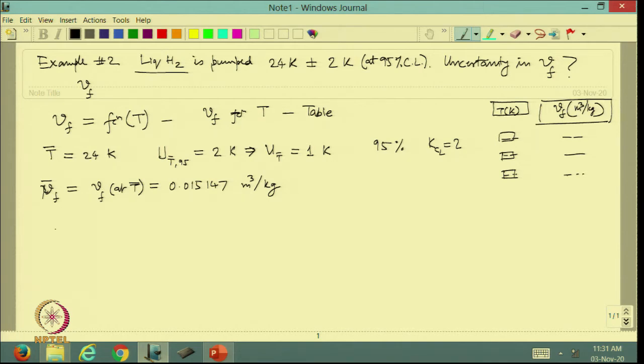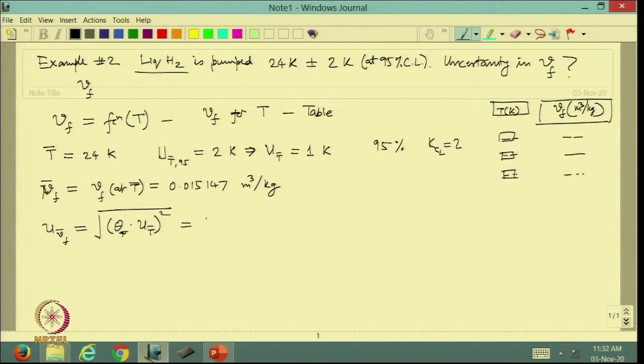Now, we go back and say, well, what does our result formula have? And we have that U V f will be square root of theta t times u t bar square under the square root sign, because there is only one variable.